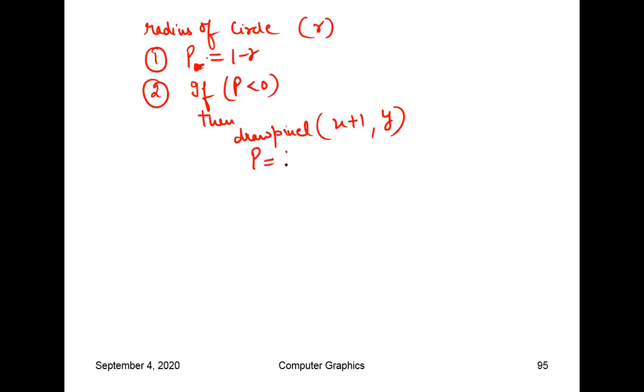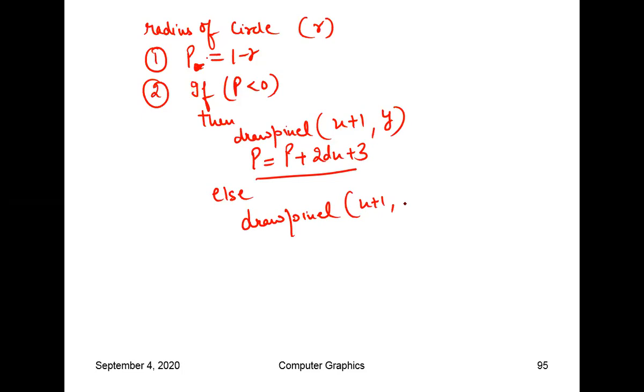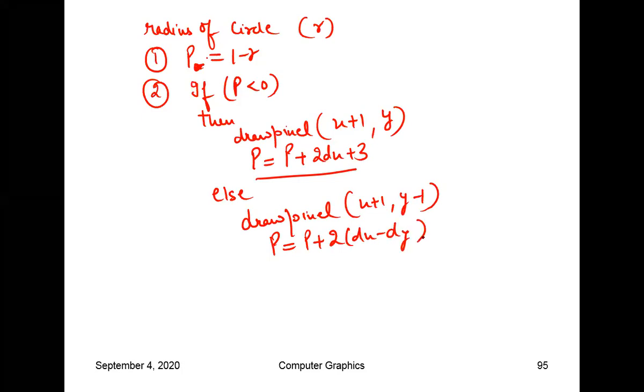The new decision parameter will be p plus 2x plus 3. Else case, draw pixel x plus 1 and y minus 1, and the new parameter will be p plus 2x minus 2y plus 5.